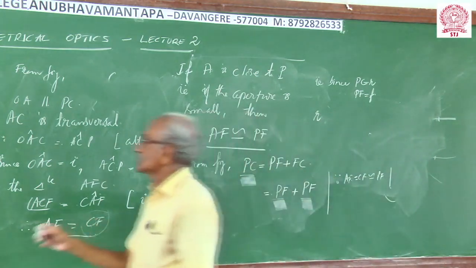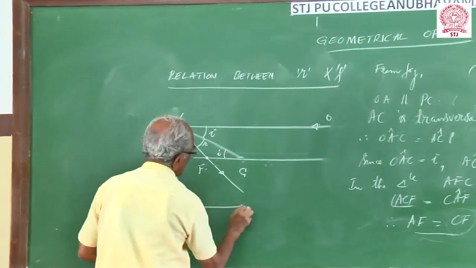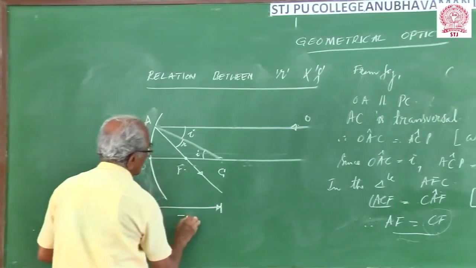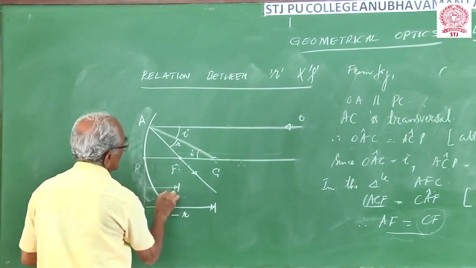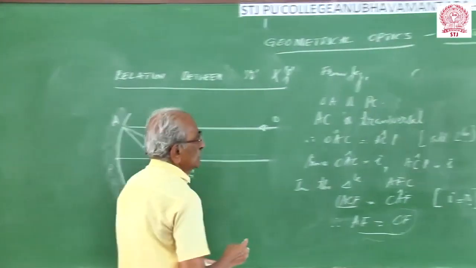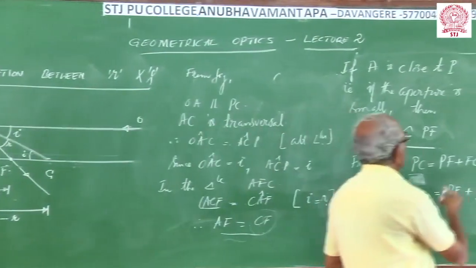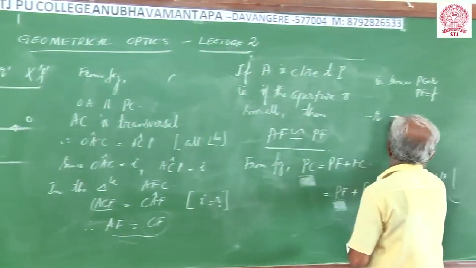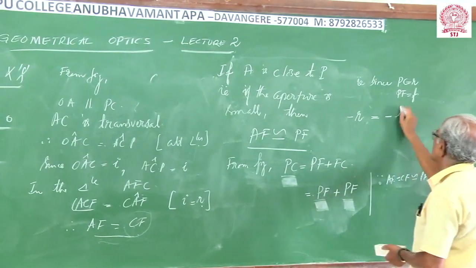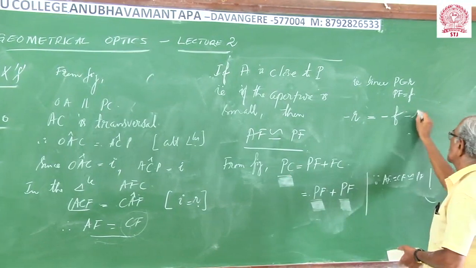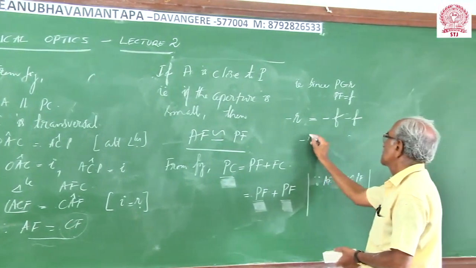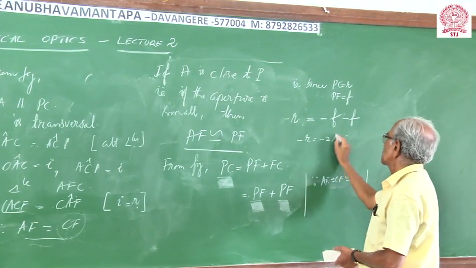Remember, R is measured in this mirror like this, therefore it is minus R. F is measured like this, it is minus F therefore. So it is minus R is equal to minus F. I am substituting here minus R is minus 2F.